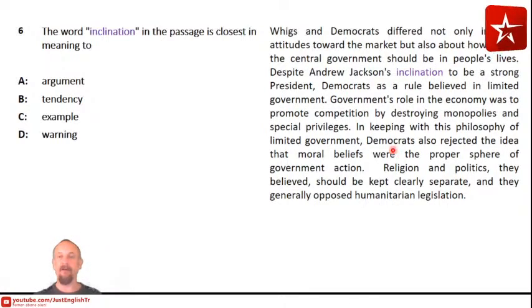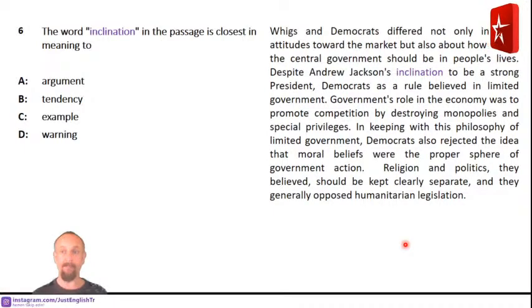I'll read the paragraph whilst we're waiting, and you're doing that. Whigs and Democrats differed not only in their attitudes towards the market, but also about how active the central government should be in people's lives. Despite Andrew Jackson's inclination to be a strong president, Democrats as a rule believed in limited government. Government's role in the economy was to promote competition by destroying monopolies and special privileges.